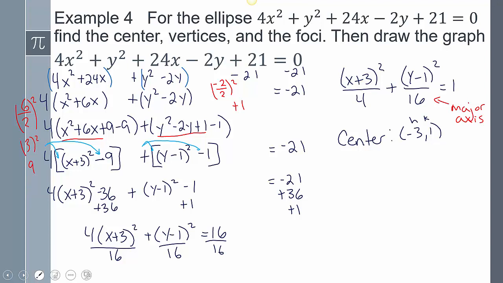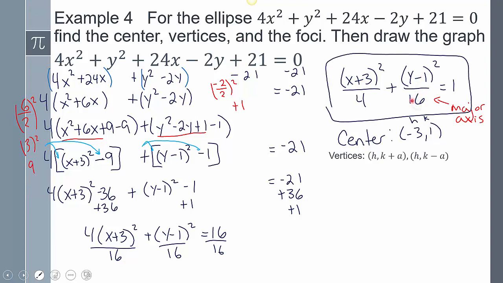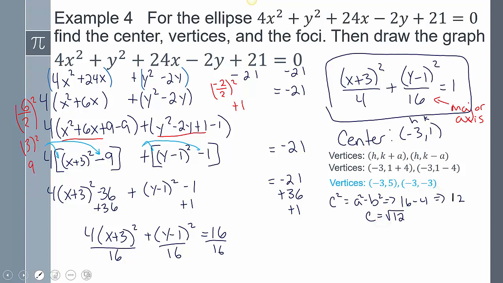My center being negative 3, positive 1, and then my a right here is going to be 4, my b is going to be 2, and because I know the major axis is going to be vertical, that's why I use that equation for my vertices. And so my vertices are negative 3, 5, and negative 3, negative 3, and then finding my c is root 12, so using my foci equation, that's going to be the root 12 that you see added for c.